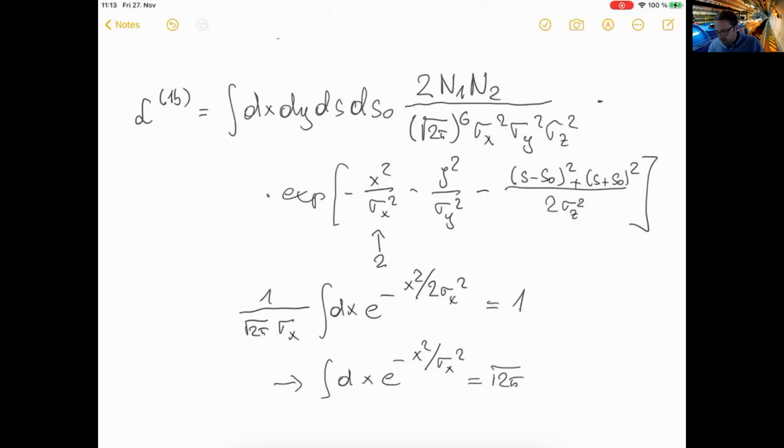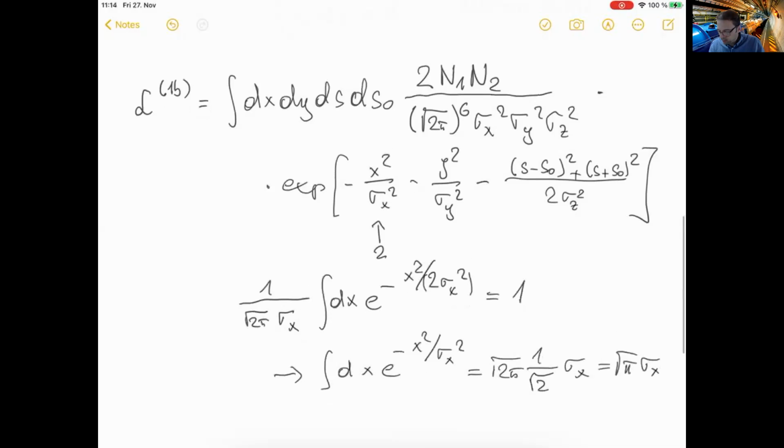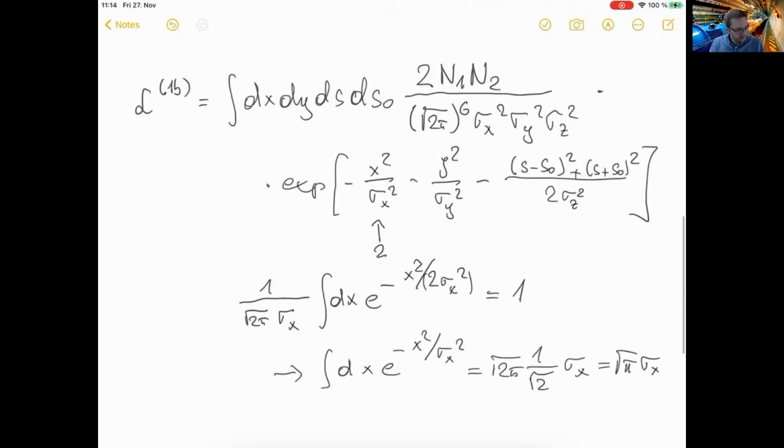And then if you absorb this factor of 2 in the sigma x, you will find that this is 1 over square root of 2 sigma x. So this is just square root of pi times sigma x. And we are ready to put everything together.